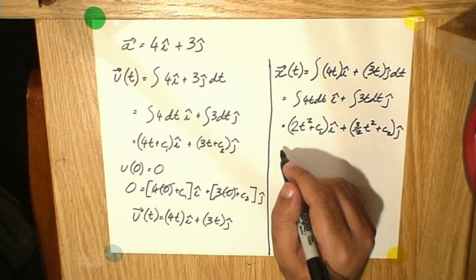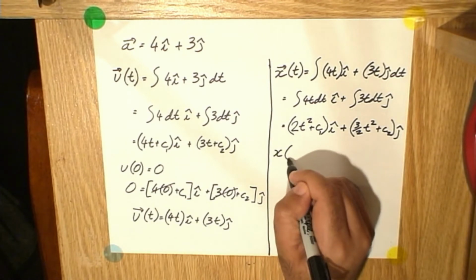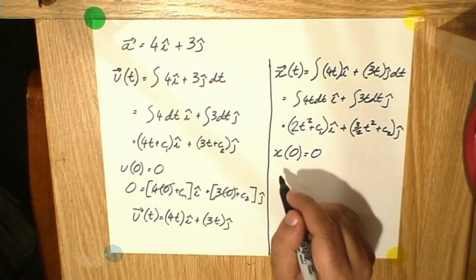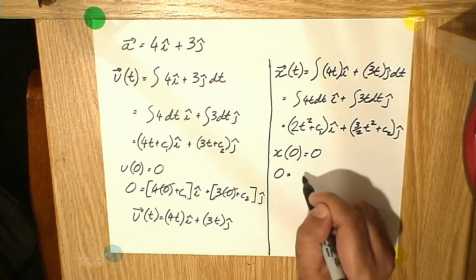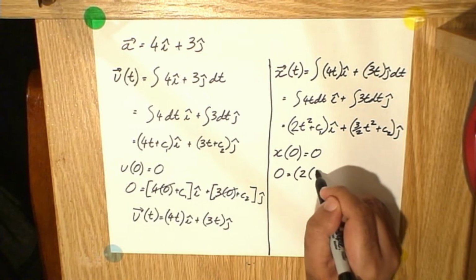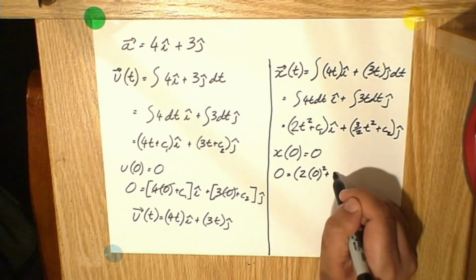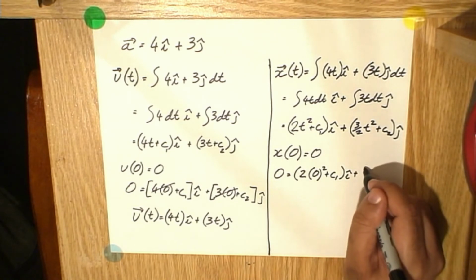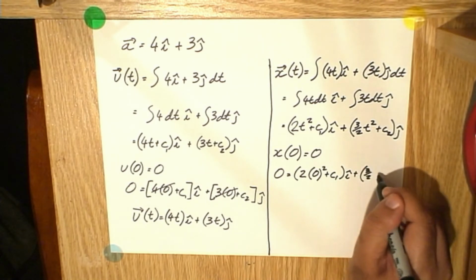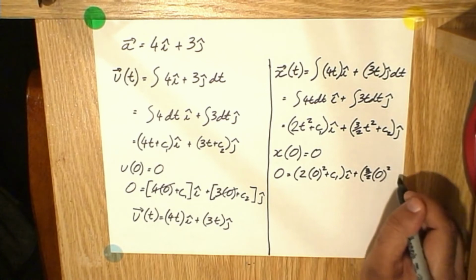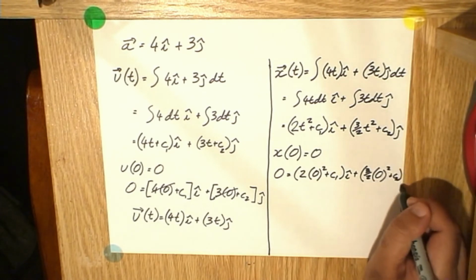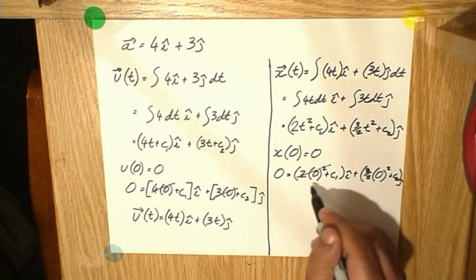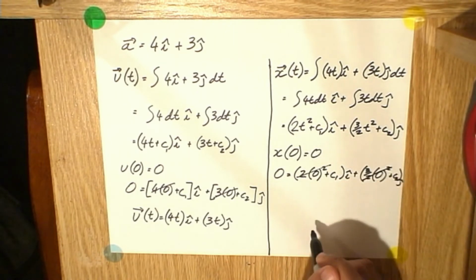Again, we were told that at time equals 0, x equals 0. So that means that 0 is equal to 2 times 0 squared plus c1 i hat plus 3 over 2 times 0 squared plus c2 j hat. Again, this cancels, c1 must be equal to 0, and this cancels, so c2 must be equal to 0.